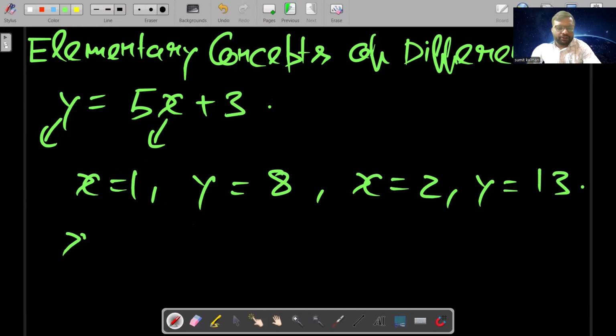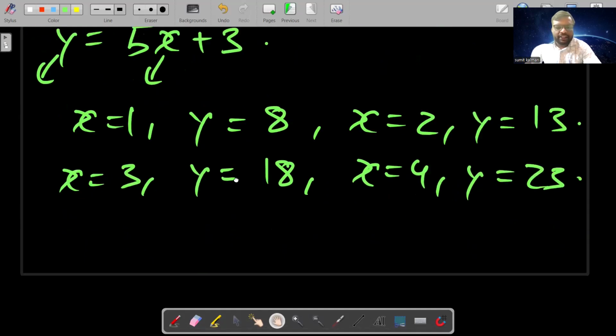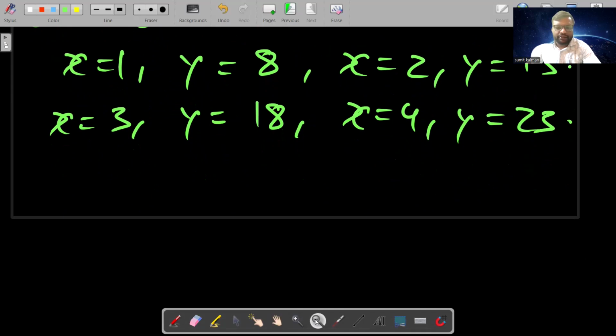Put x is equal to 3, then you will get 18. Put x is equal to 4, then you will get y is equal to 23.